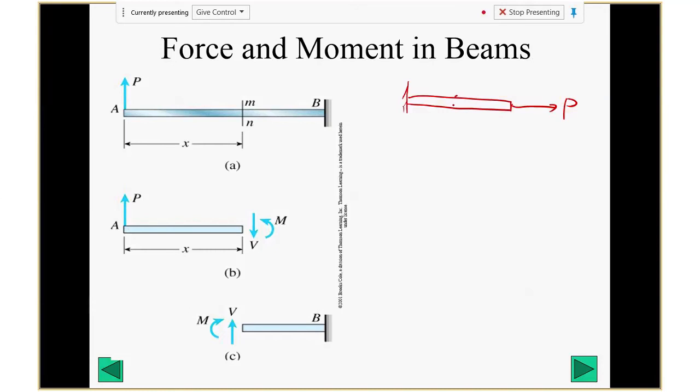You can cut it here, right? Then you draw the free body diagram, P here, and this will be the N. So we know there will be only one internal force there. The N we call normal force or internal force, right? So this N will equal P based on equilibrium.